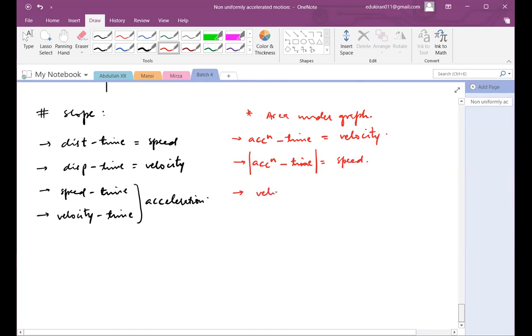Next is velocity versus time. So it will define displacement. Velocity versus time mod, or speed versus time: these two terms will define distance.